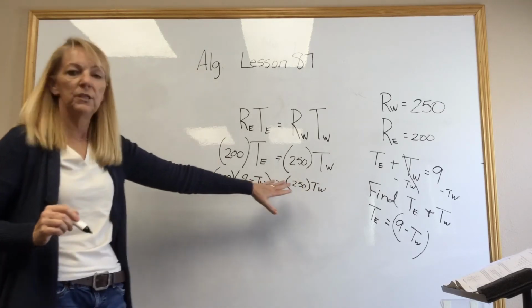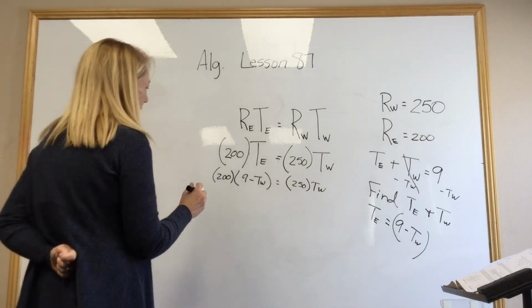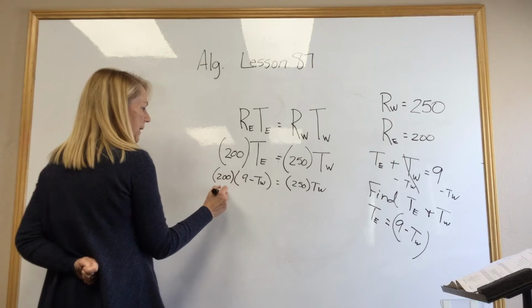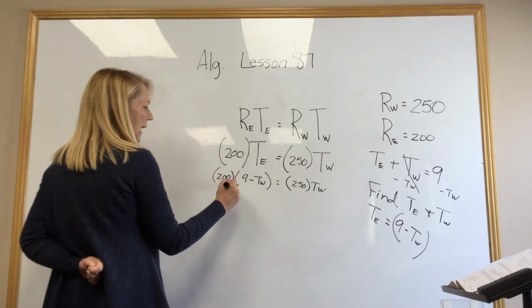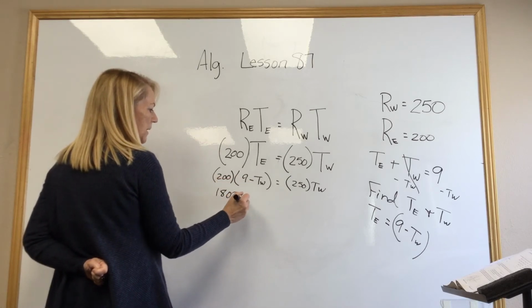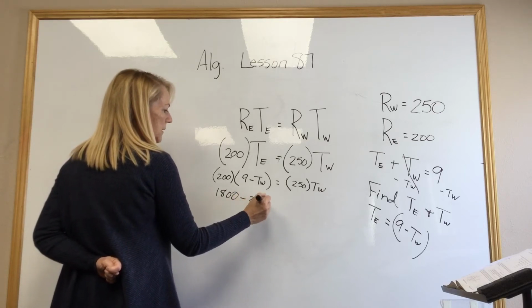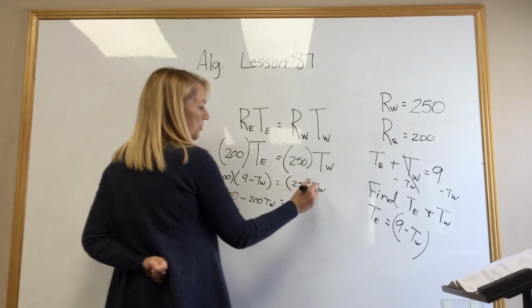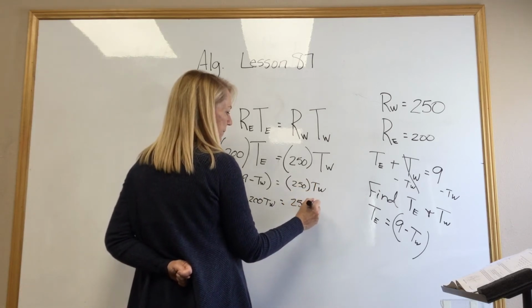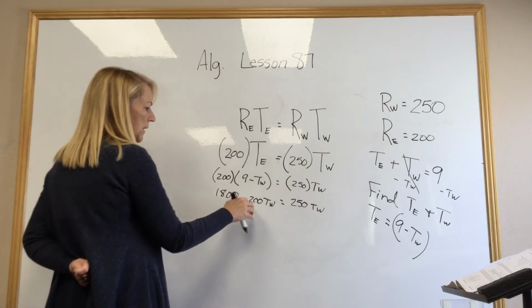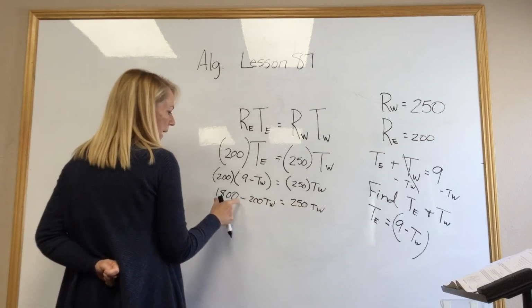I'm just going to solve for TW now. So I have to go through and I have to say, okay, 200 times 9, that's going to be 1800, and 200 times negative TW. So that'd be negative 200 TW equals 250 TW. So to isolate my variable, I'm going to get all of these on one side and leave this over here.